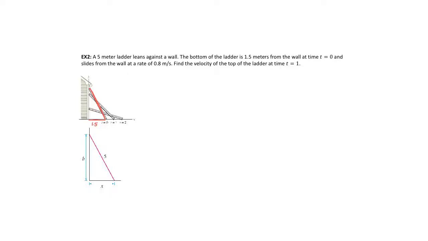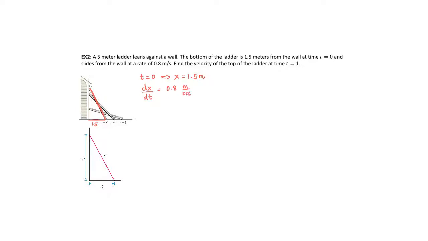So with that in mind, what are the things that we know? We know that when t is equal to 0, the initial position x is going to be equal to 1.5 meters. We also know the speed of the bottom of the ladder. So we know dx by dt. This is equal to 0.8 meters per second.